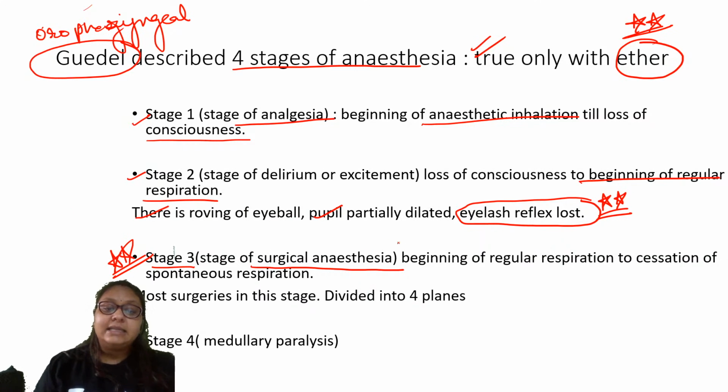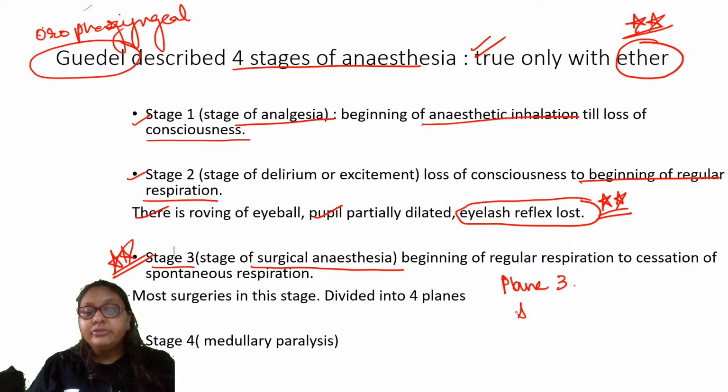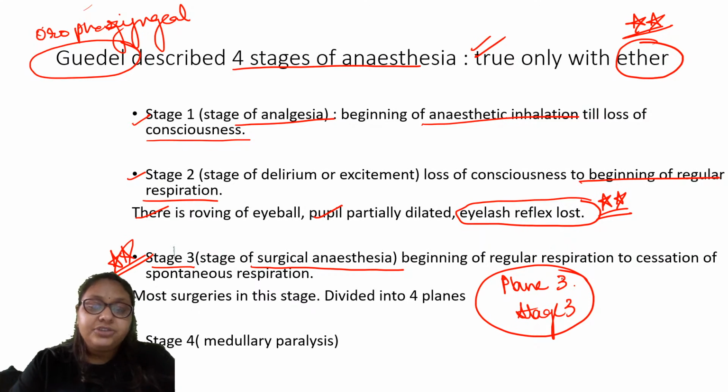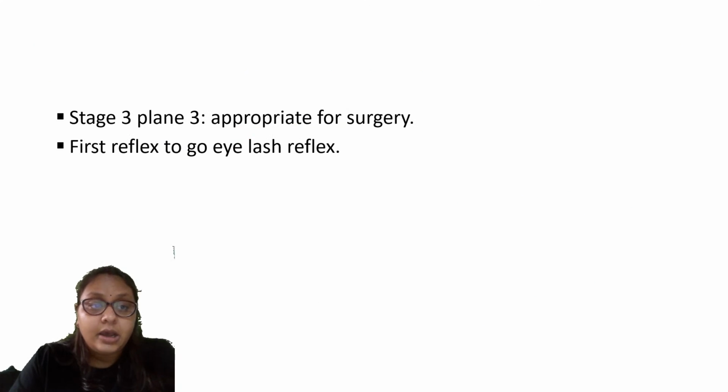For surgical anesthesia, we need plane 3 of stage 3. And stage 4, that is medullary paralysis, in which the patient's respiratory effort will be lost.